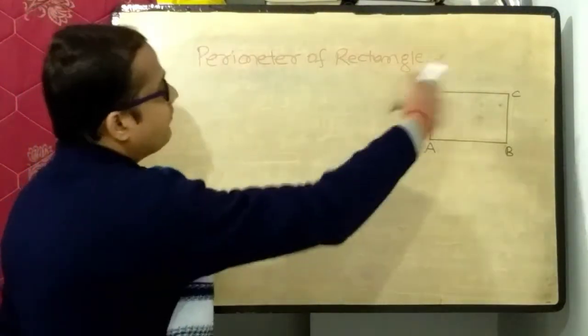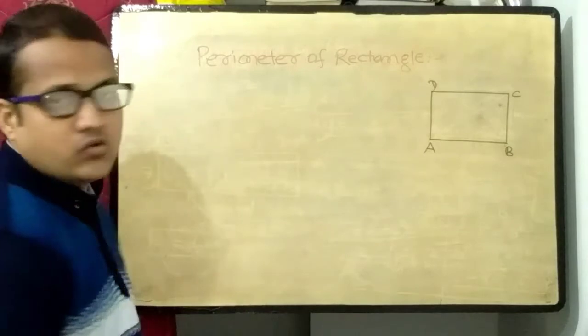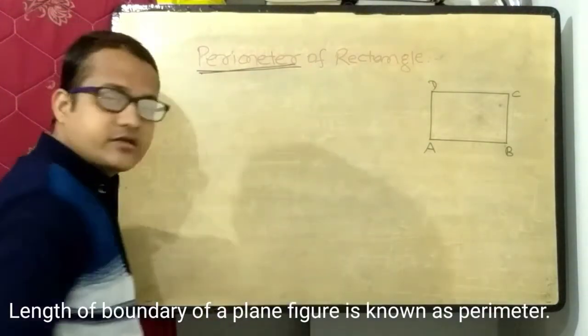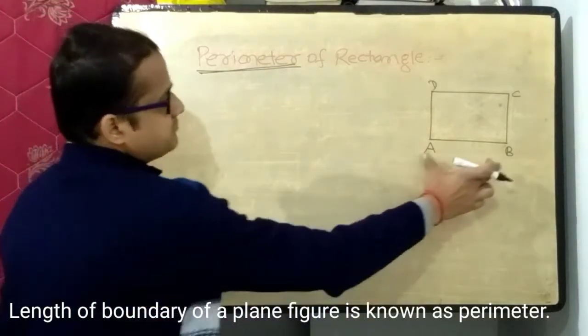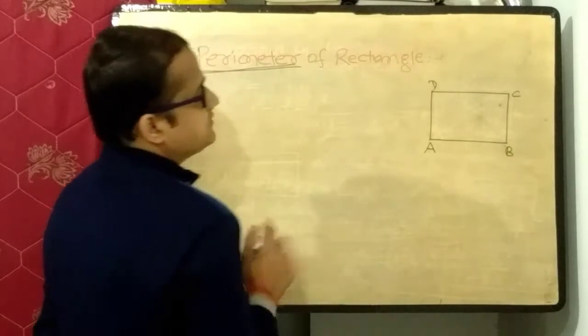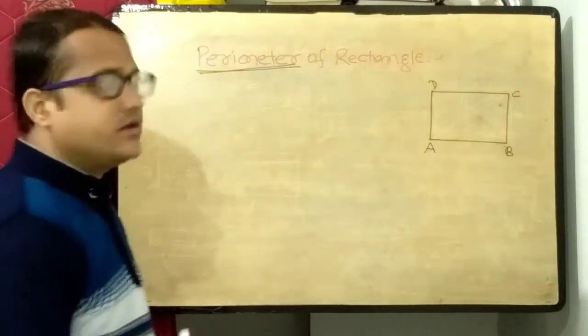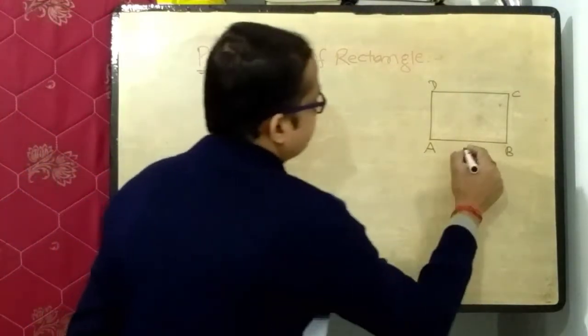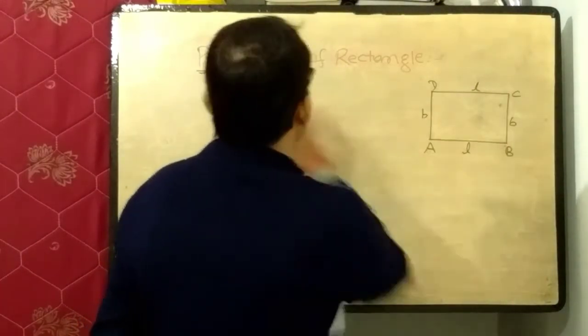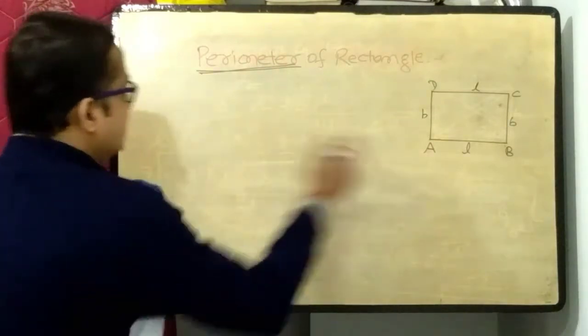The length of the boundary of this closed figure is known as the perimeter. The boundaries are side AB, side BC, side CD and side DA. So the length of all these sides is said to be the perimeter of the rectangle.